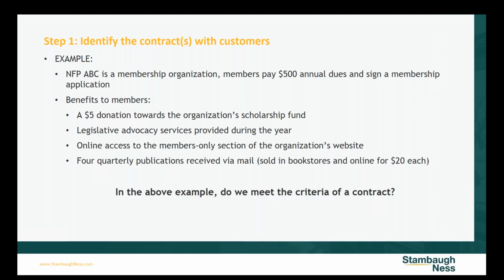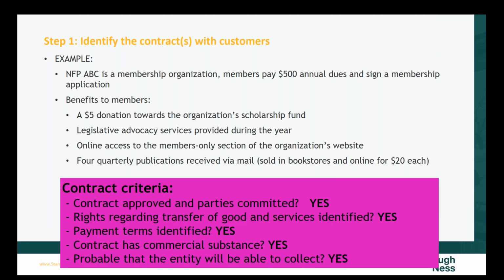So now we get to actually jump into step 1. Do we have a contract with this customer or this member organization? And we'll walk through the criteria. The 5 criteria that FASB gave us: is the contract approved and are the parties committed? In this case, like I said, it could be an actual paper contract or annual membership agreement that the organization submits.